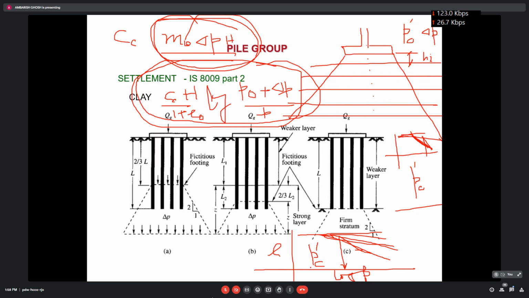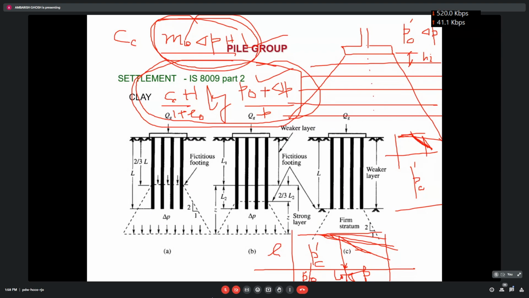Now, suppose your foundation is here, P' is here, and P0, that is the overburden pressure, is here. And after adding delta P, it has gone up to this. Then up to the pre-consolidation pressure this formula will be used, and from here to here, this formula will be used. So you go and read the settlement calculation for clay, and if any doubt is there, you ask me later on.